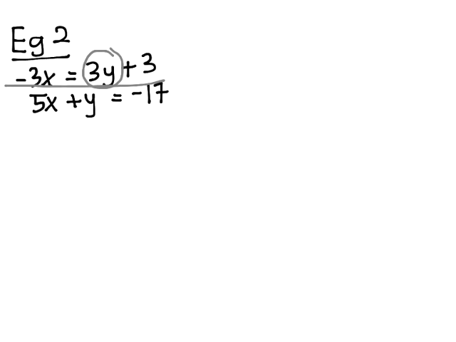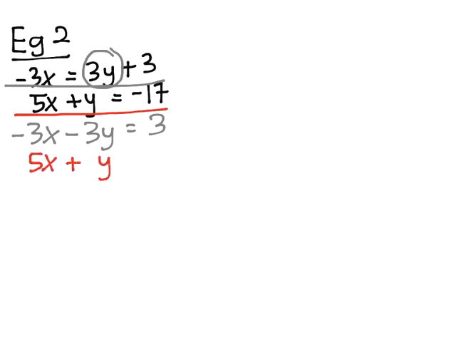When we move 3y to the left side, it becomes minus 3y. So we will have negative 3x minus 3y equals 3. The second equation is already in the standard form, so we don't need to rearrange. So we just write it down again: 5x plus y equals negative 17.